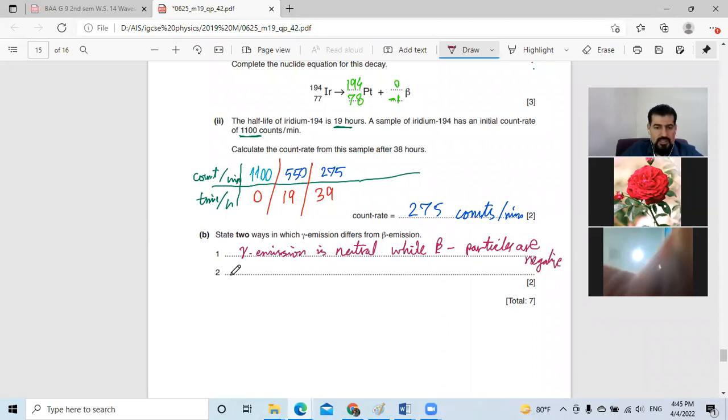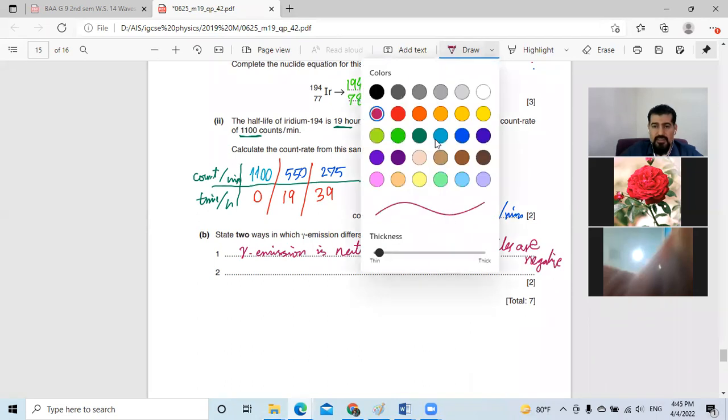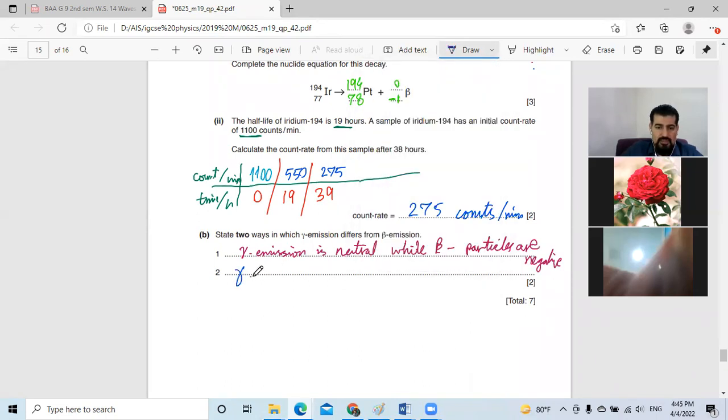You can say another answer: gamma has no mass, but beta has a small mass, or electron mass. Yes, you can say that, Anas. And Jude, yes, thank you.